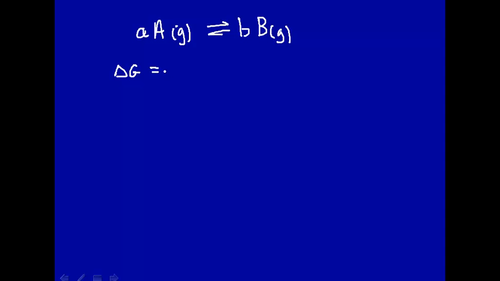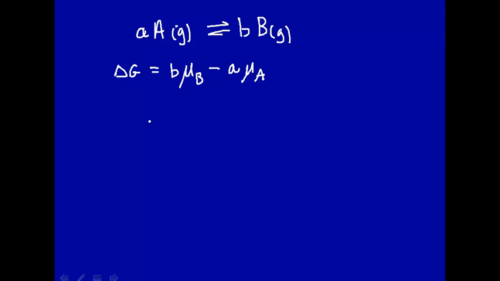Well, from our previous discussion, this would just be the number of moles of B times the chemical potential of B, minus the number of moles of A times the chemical potential of A. Okay, that's what delta G of a reaction will be.